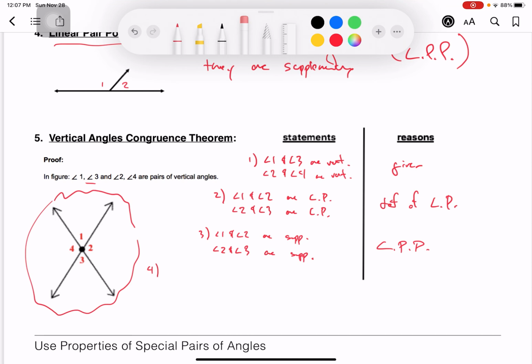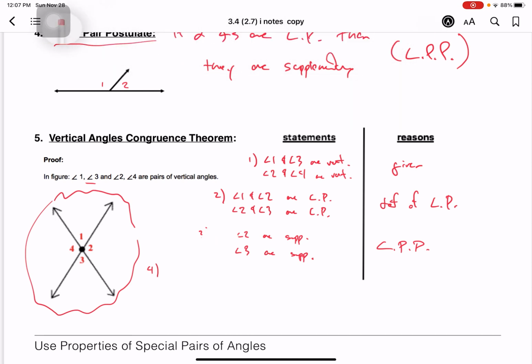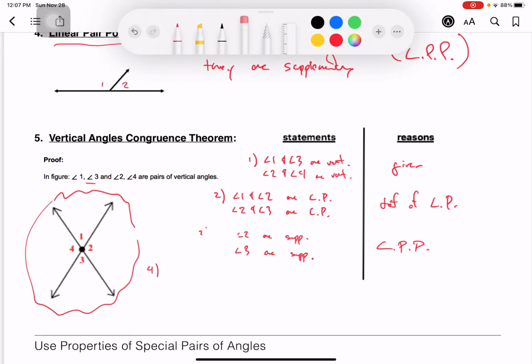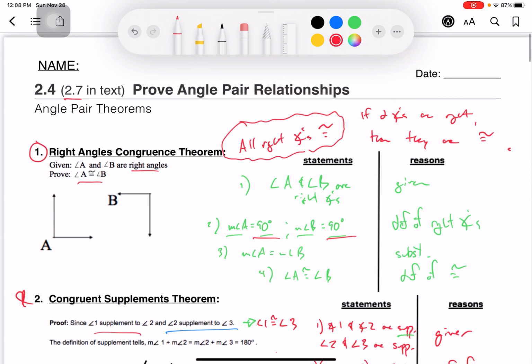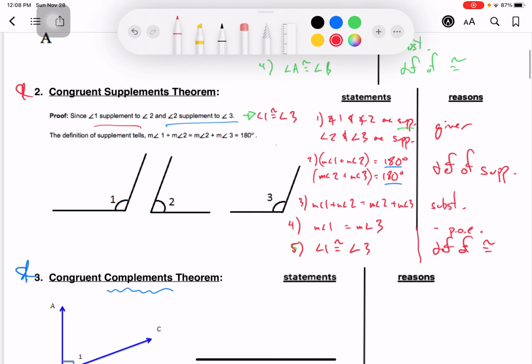Isn't angle 1 and 3 supplementary to the same angle? What's that make angle 1 and angle 3? Makes them congruent. And that was by the congruent supplements theorem, right?